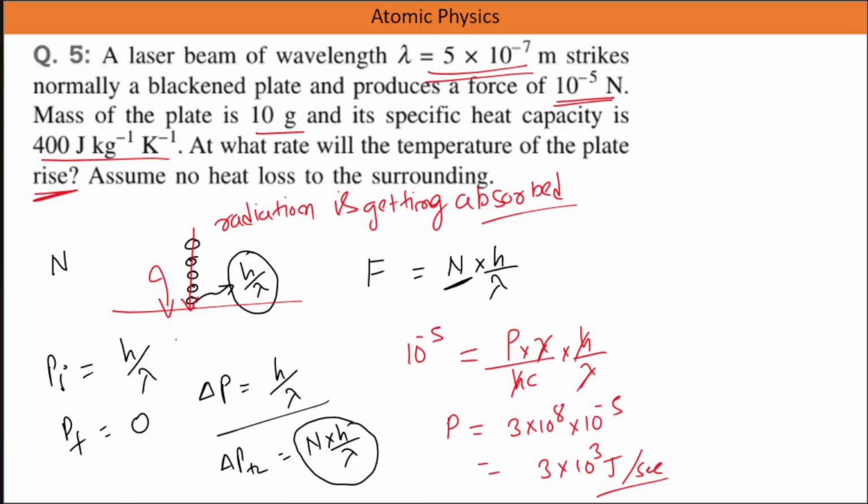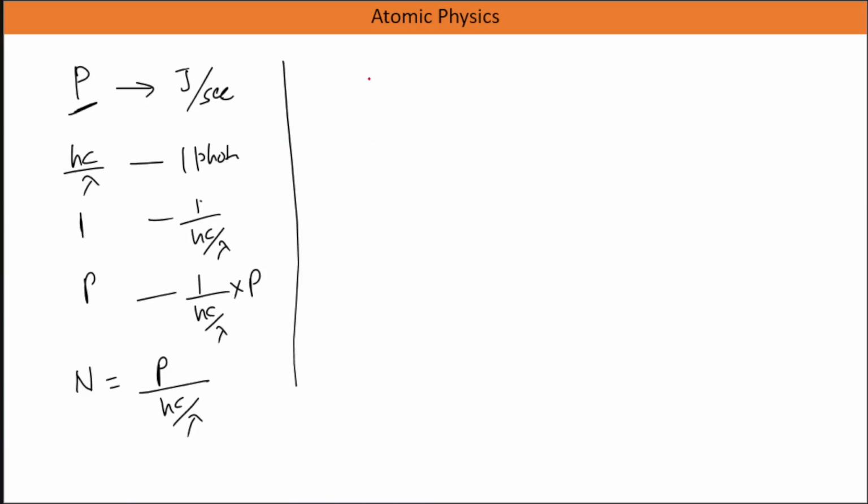Suppose this is the plate. How much energy are you giving to this plate? You are giving it 3 into 10 to the power 3 joule of energy per second. So we know dE by dt. If we are supplying it with energy, it will get heated, and because of that heat, its temperature will rise. Let's say its initial temperature is T1 and final T2.